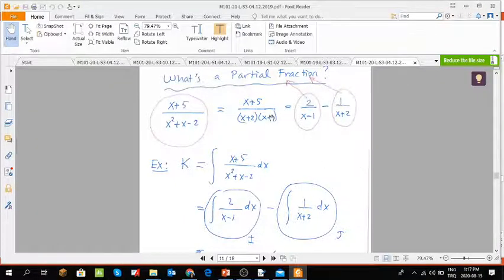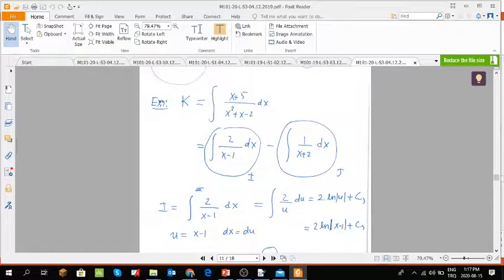I just want you to understand what a partial fraction is, what a rational function is, etc. Now, in our class, the questions are going to be like this: you would be asked to find the integral of a rational function like x plus 5 over x squared plus x minus 2.